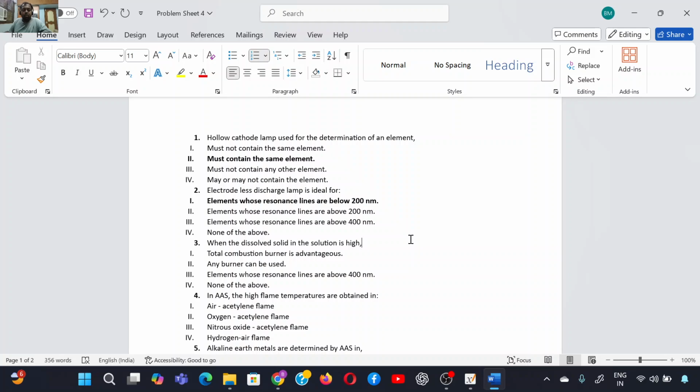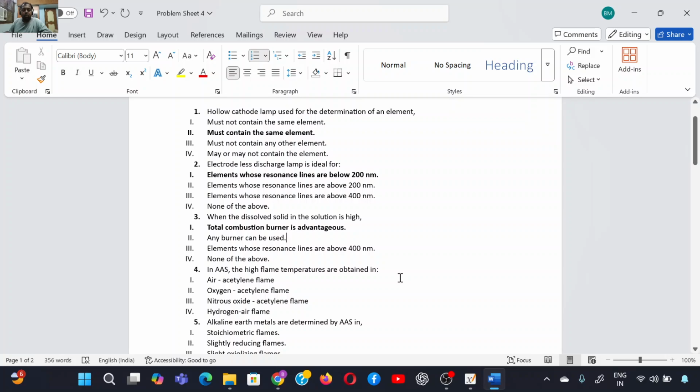If the dissolved solid in the solution is high, total consumption burner is advantageous. Okay, we saw that in the class just now, because when the total solids is high, it blocks the premix chamber. But total consumption designs tolerate the salt buildup because of their wider orifice.